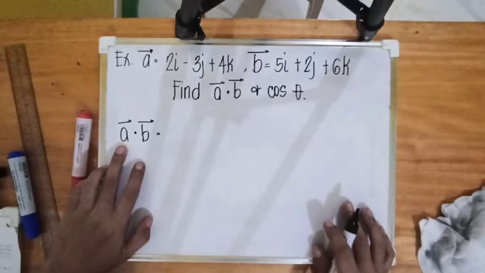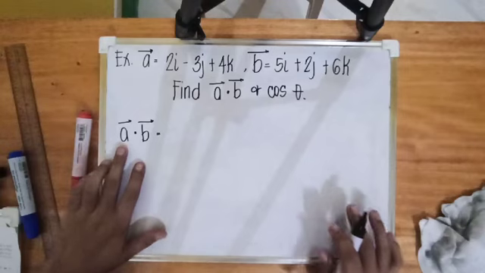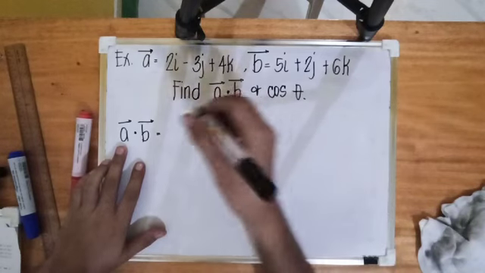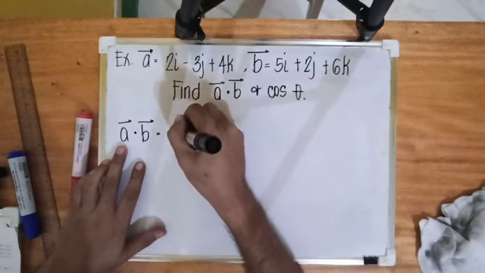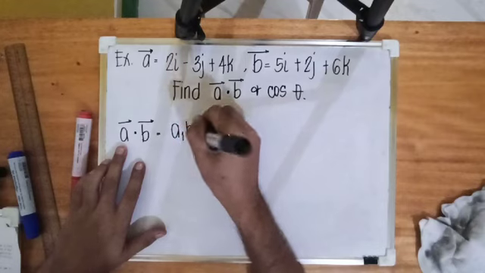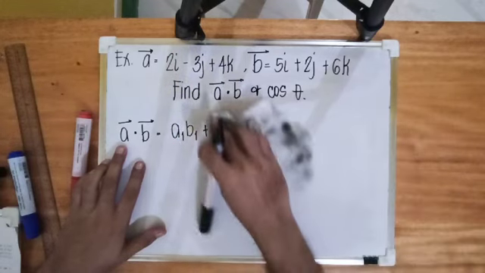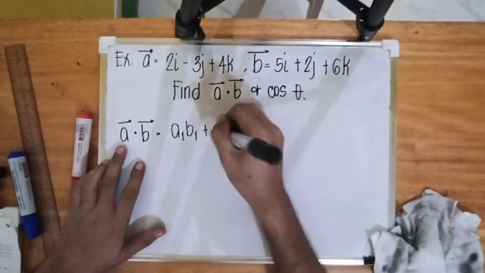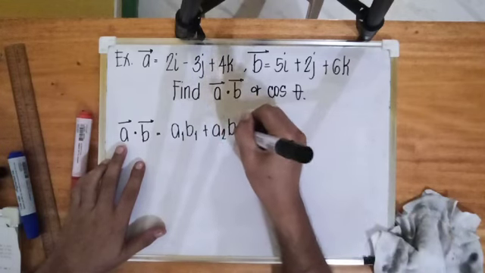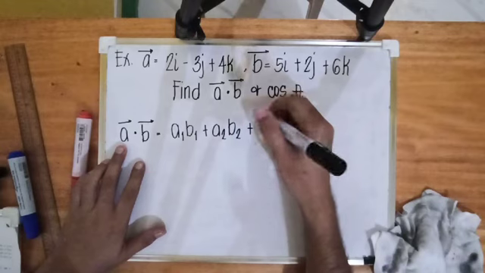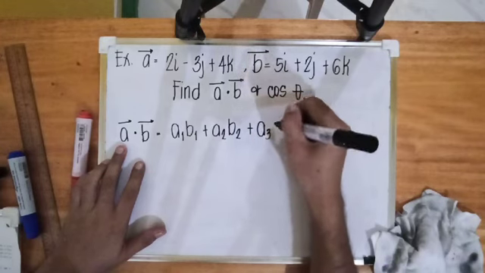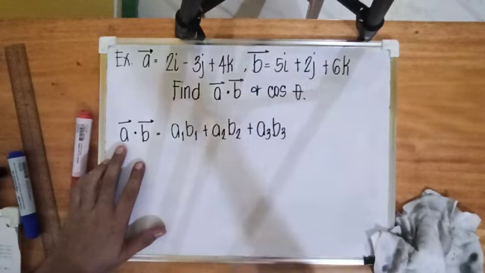So for the scalar dot product of our two vectors, the vector A and the vector B, we have the formula A1 B1 plus A2 B2 plus A3 B3.